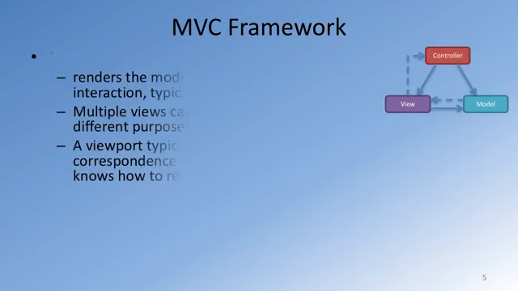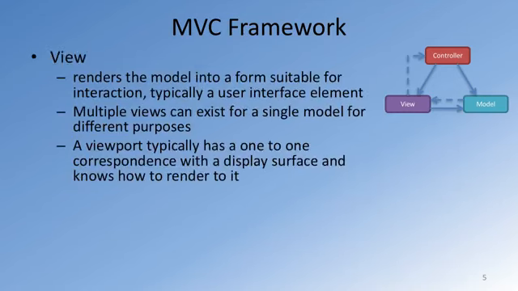The view itself is concerned with presenting the information to the users in a user interface element in such a way that it facilitates both the presentation of information to the user and also enables the user to interact with the application. So the view may represent one representation of the model state. So from a single model, you can easily derive multiple ways of presenting this information to the user.